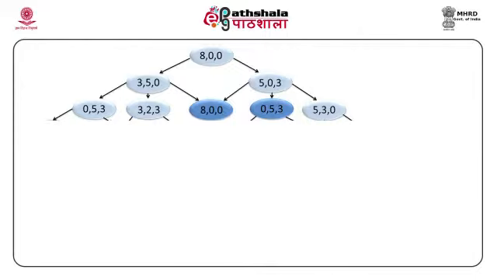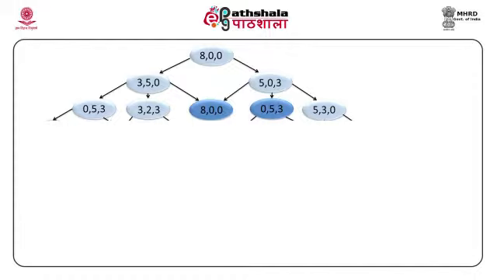It is a cycle, and that's why it is represented in a darker fashion. For 503, one result is again 800, which we will not explore further because it is a cycle. One more possibility is 053, and it is darkened because it is already explored. See the leftmost node, which is already explored. When a node has already been explored before, we will not explore it further, for obvious reasons. And the third one is 530.